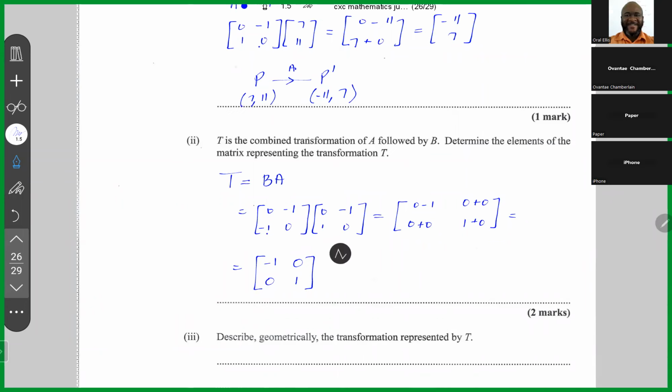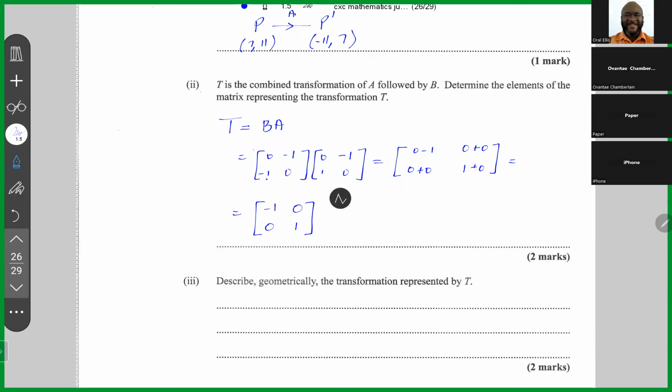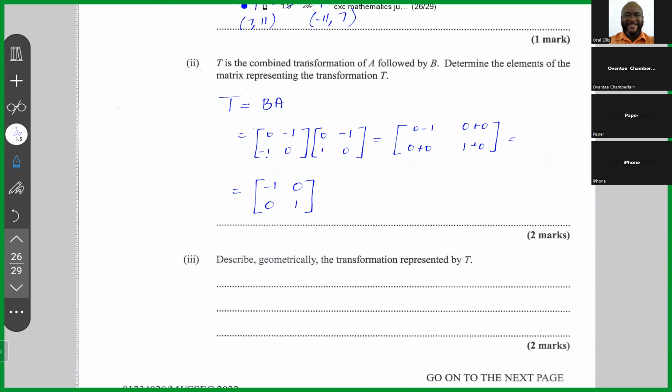Now we're asked to describe geometrically the transformation represented by T. What T does to a point is this. Under T, the point (x, y) is going to become the point (-x, y).